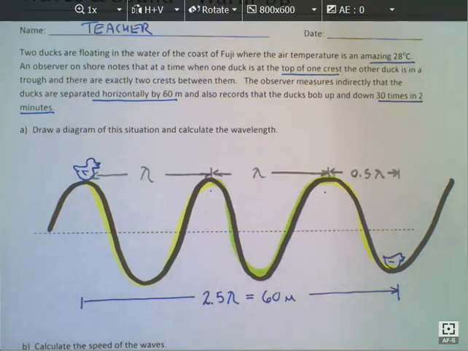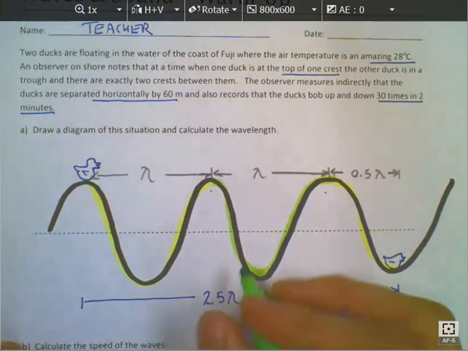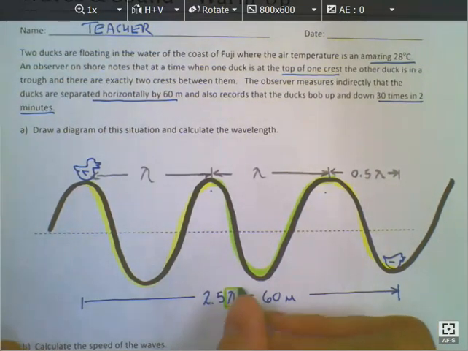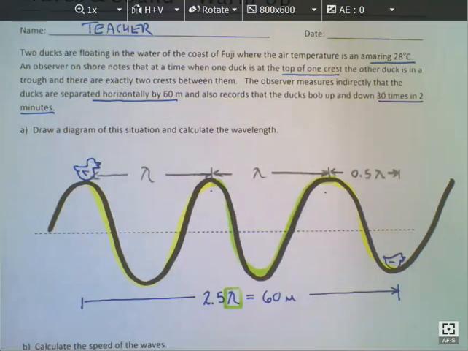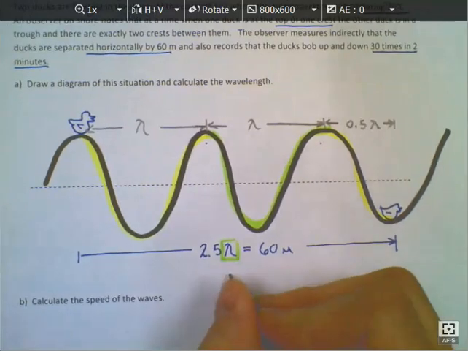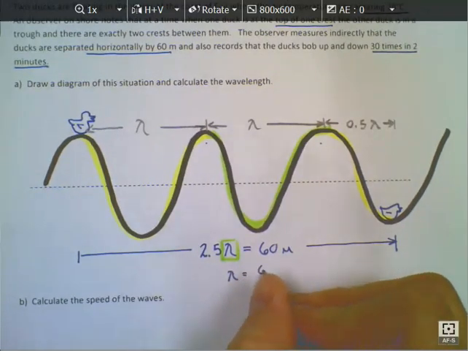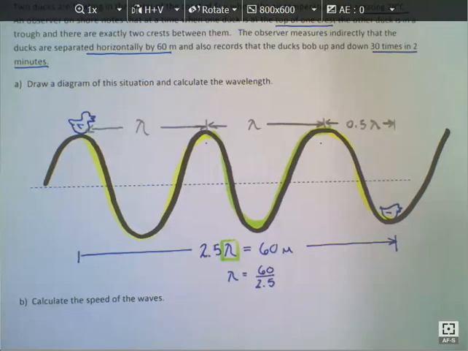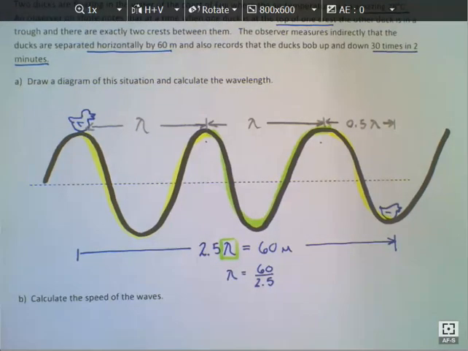So the question is, what value of the wavelength, multiplied by 2.5, gives 60 meters? We can do that very simply by saying the wavelength must be 60 meters divided by 2.5.